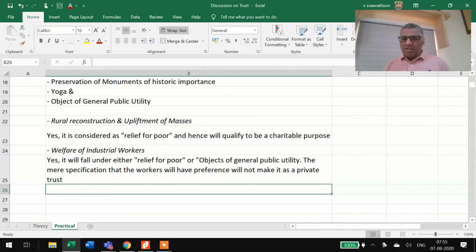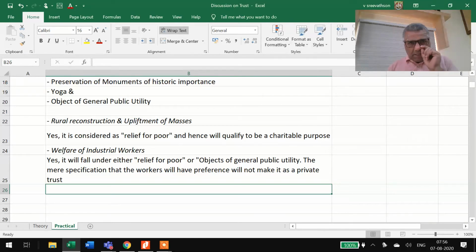A private trust is for the benefit of a particular individual or a particular set of people. That is what is known as a private trust. All trade unions are almost always registered either as a trust or as a society.